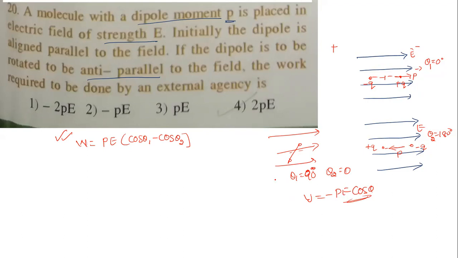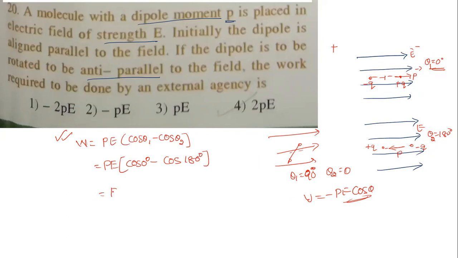Now here we are not going for that. We are going directly from theta 1 to theta 2. PE is not given, so let us write PE as it is. Theta 1 is 0 degrees, so cos 0 degrees minus cos theta 2, which is 180 degrees.